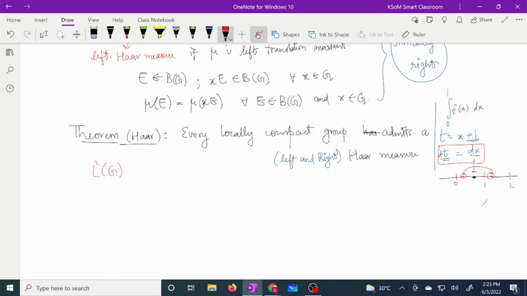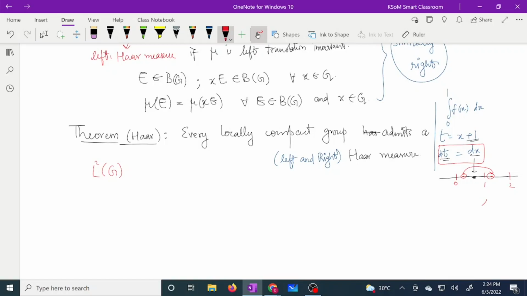It makes sense to talk about this now, because you know how to integrate on G. Because if you don't have a measure, if you don't know how to integrate, how will you talk about L2, LP? So all these spaces will come into the picture. You can study these spaces, you can have operators on these spaces. What that does is, it will help you solve differential equations.